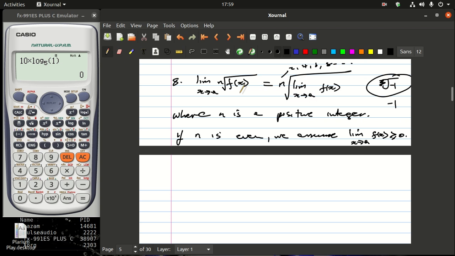Unless you are dealing with a piecewise function. When you are dealing with a piecewise function, you have to be very careful. But if you have one function and you can plug in, then you are sorted. That value that you are getting is actually your limit. But if you have a piecewise function, then you have to really evaluate around each of the points where you have a point of discontinuity.